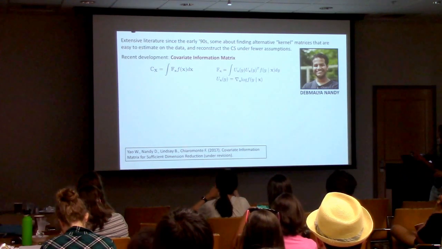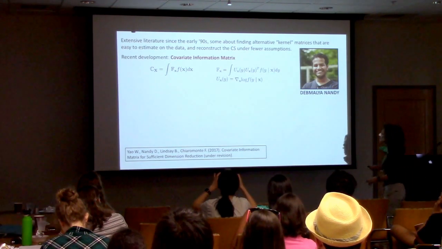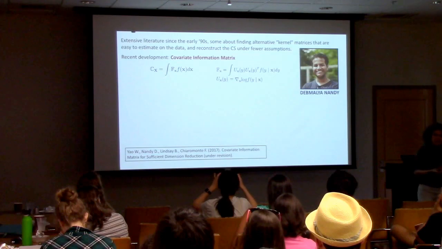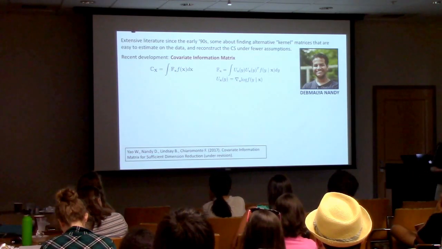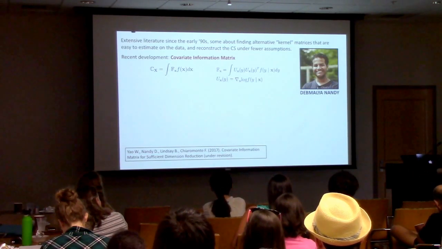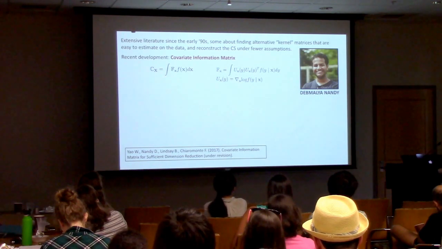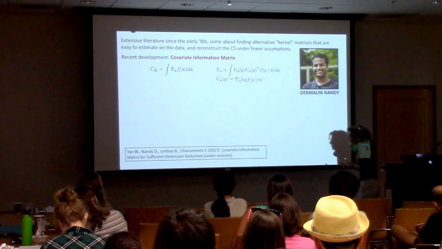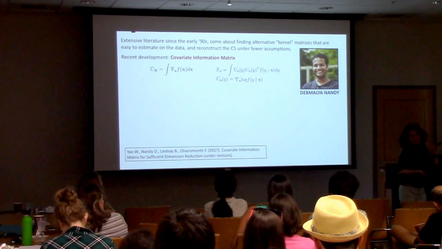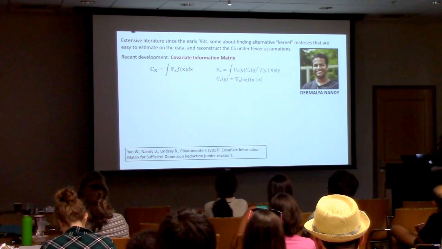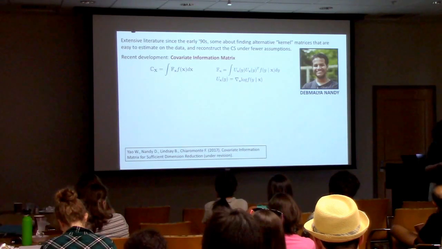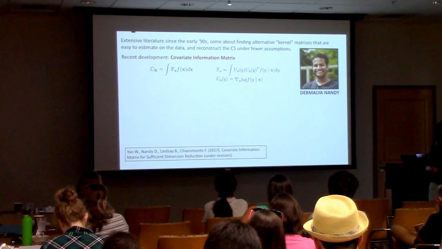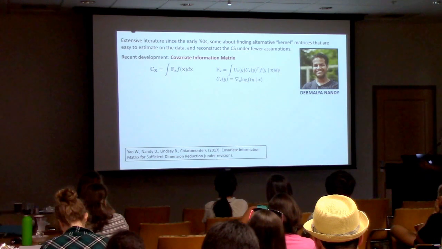The man in particular worked on a matrix that we call the covariate information matrix. This is sort of an offspring of a Fisher information notion. Again, you don't have parameters in a model setting, but you have this X, and you think of the observed X as the parameter that you want to evaluate the information content of.